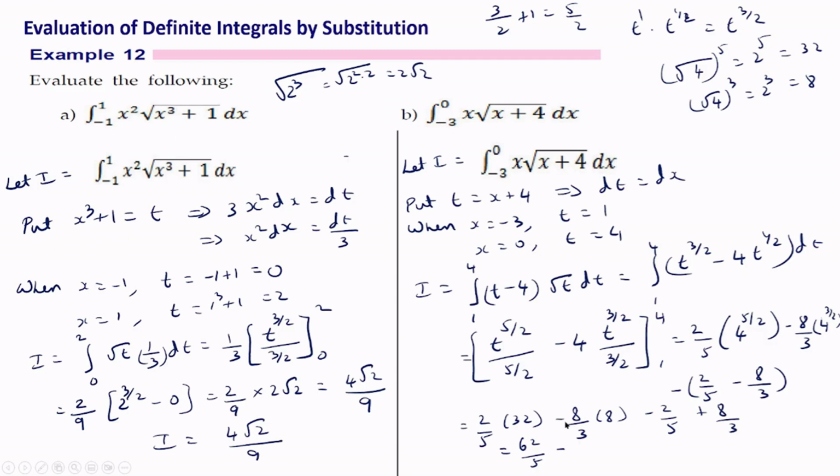Then here we have minus 64 plus 8, so it is minus 56 by 3. When we take LCM and simplify, we get it as minus 94 by 15. Therefore, I equal to minus 94 by 15. So the value of this given integral is minus 94 by 15.